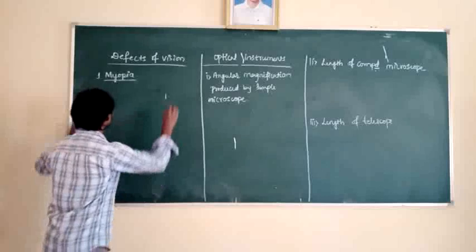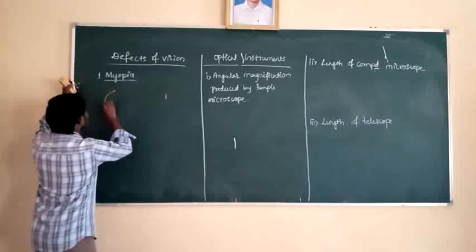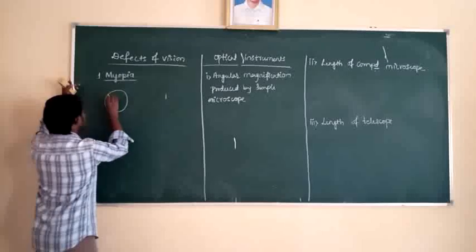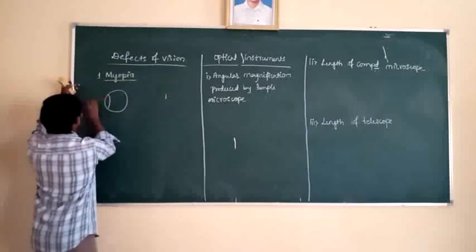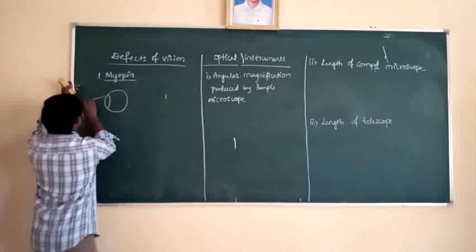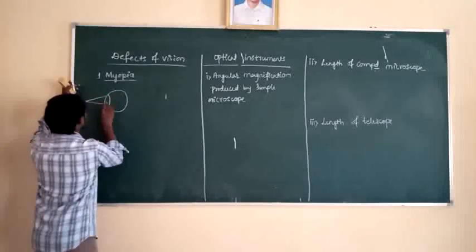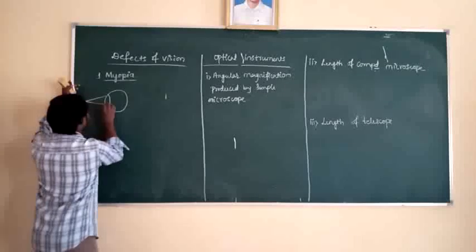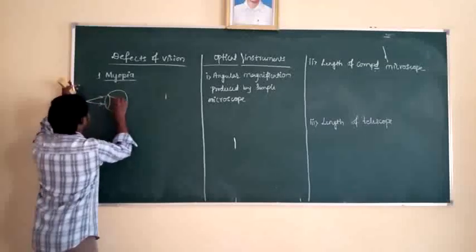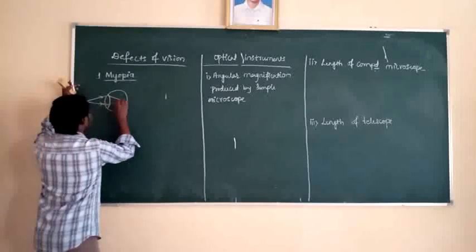So see here, it is an eyeball and it is an eye lens. Now the rays coming from the distant object, after refraction, the refracted rays meet in front of the retina but not on the retina.